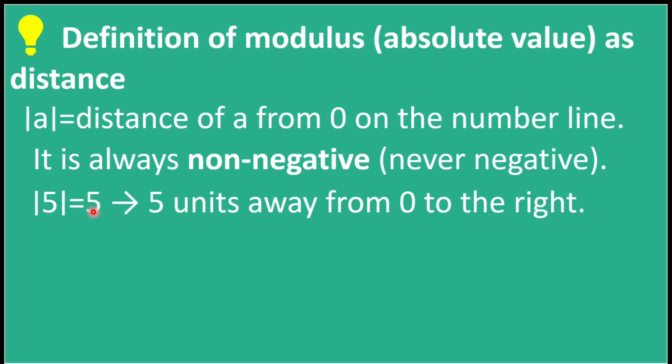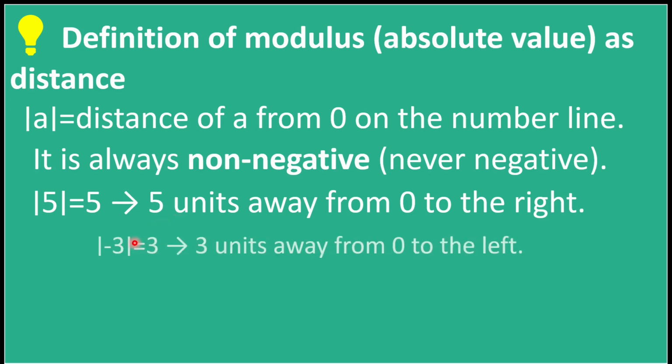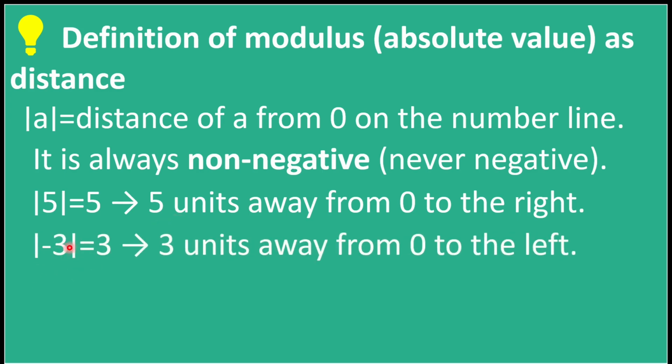So what does it show? It shows that this is on the right side of the number line and 5 units away from 0. And if you write -3, when it comes out of the modulus, it becomes 3. It will be positive, but it means that this is 3 units away from 0 on the left side.